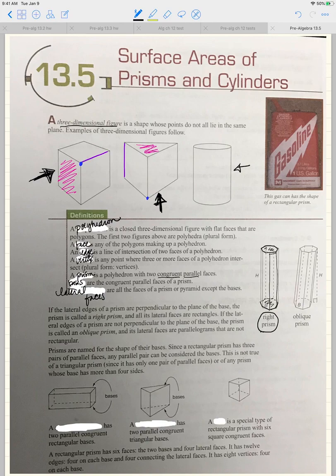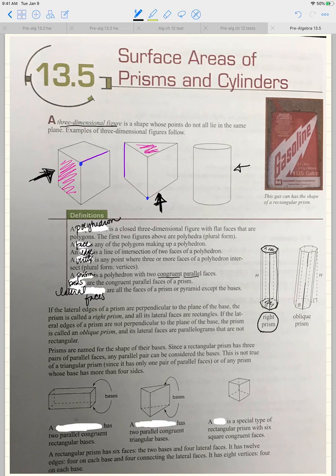If the lateral edges of a prism are not perpendicular to the plane of a base, the prism is called an oblique prism, and its lateral faces are parallelograms that are not rectangular. So see how this guy looks slanted, all right? This guy looks slanted because the lateral edges are not perpendicular to the plane of the base, okay? They do not make right angles with the base.